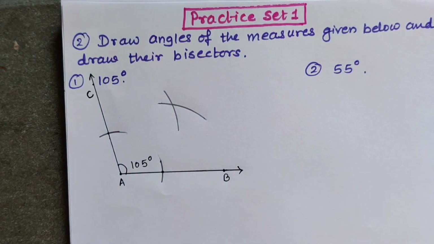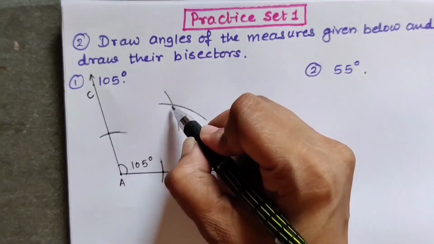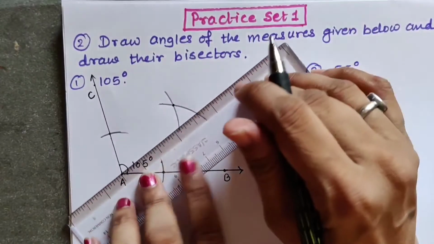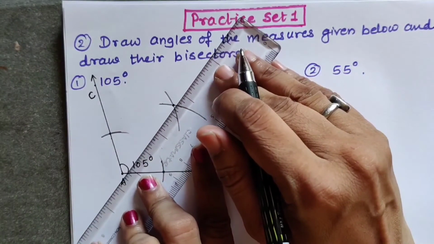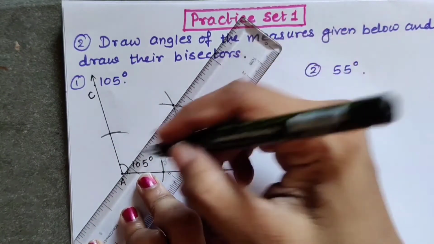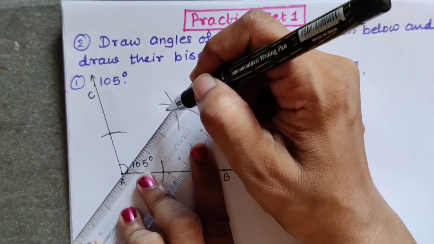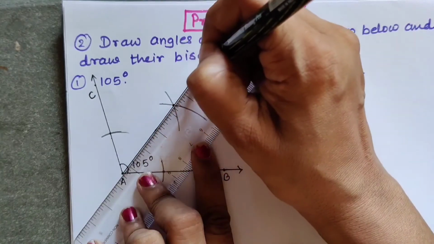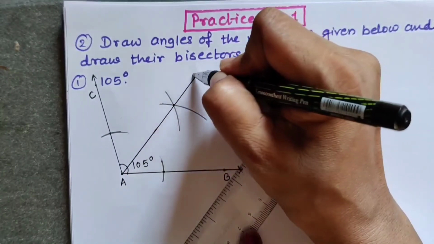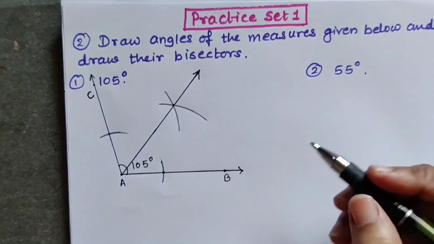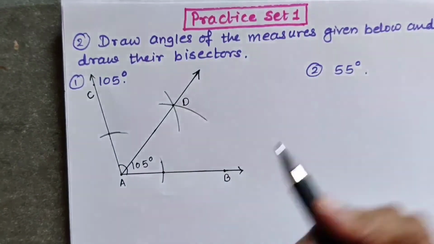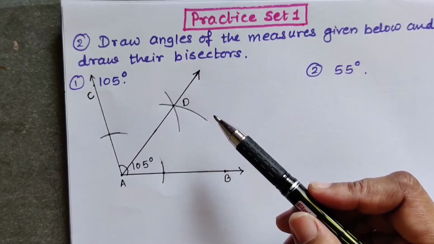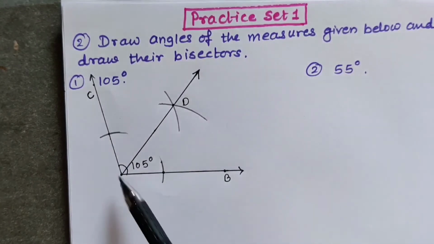This way we get the point of intersection of two arcs inside the angle. We are going to join this point with the vertex A of the angle. And this may be point D. So in this way ray AD is the angle bisector of angle BAC.